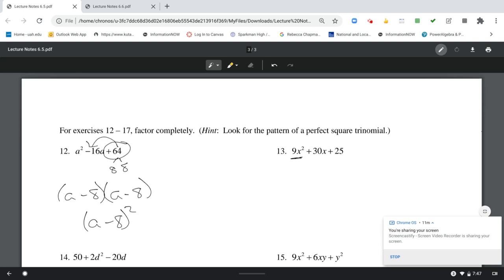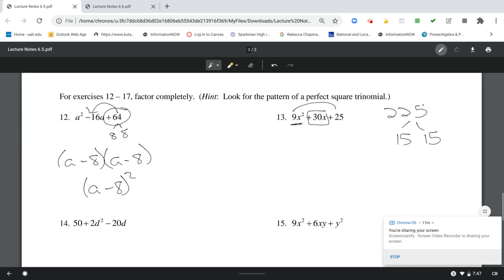So I'm going to do the AC method. When I multiply 9 and 25 together, I get 225. And the factors of 225 that just so happen to add up to my B value are 15 and 15. Now, a good indicator to me that that might be the case is the fact that my A value is a perfect square, 3 times 3, and my C value is also a perfect square, 5 times 5.